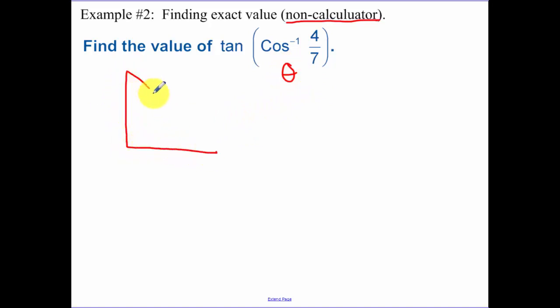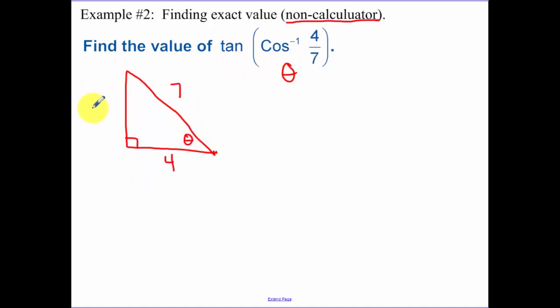Okay, draw out a right triangle where this is theta, where the cosine of that angle is equal to 4 over 7. So cosine is adjacent over hypotenuse. I have to find the tangent of this angle. So I have to find the tangent here.